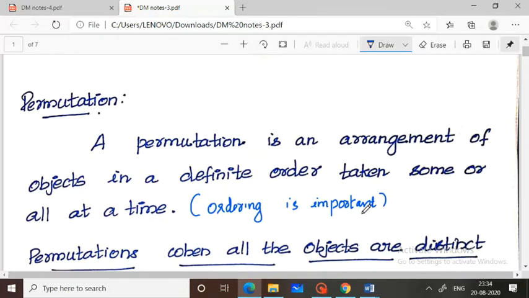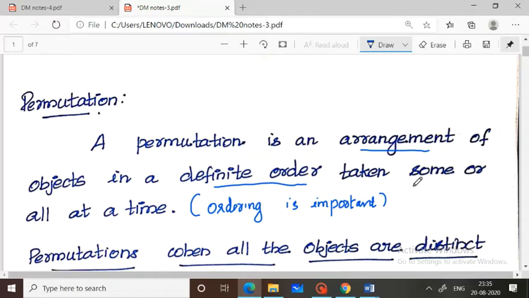So a permutation is an arrangement of objects in a definite order. You have to arrange the objects in a particular order, taken some or all at a time. Sometimes you have many objects and some options are given, and you have to arrange some of the objects, maybe sometimes all the objects.